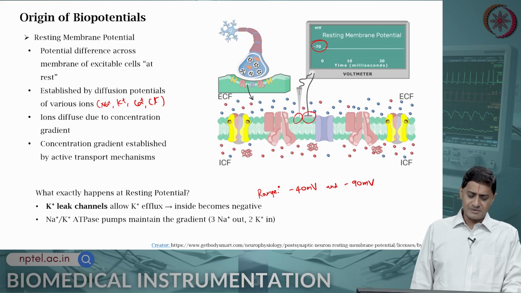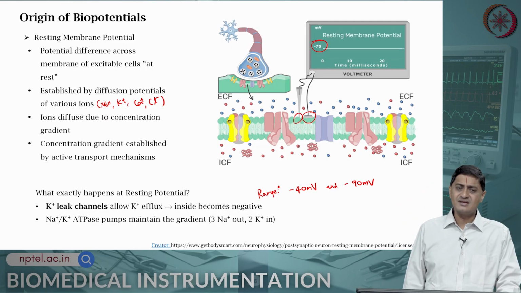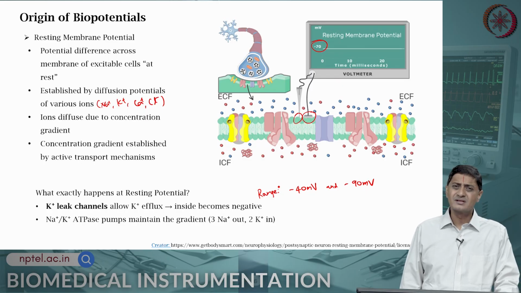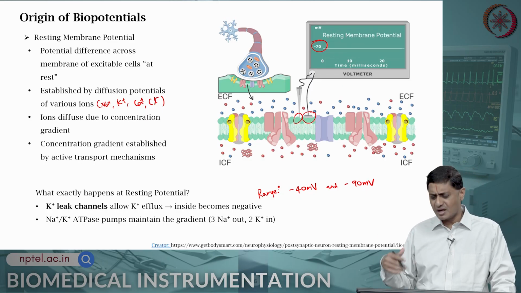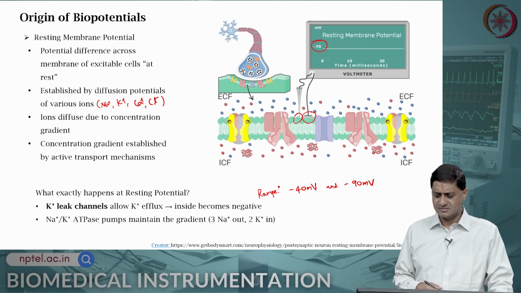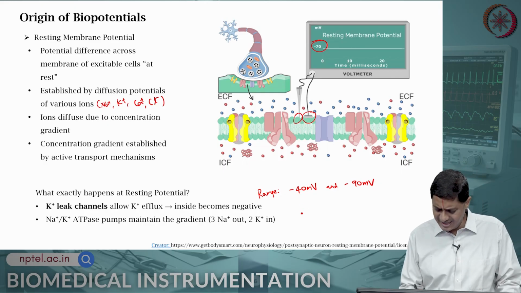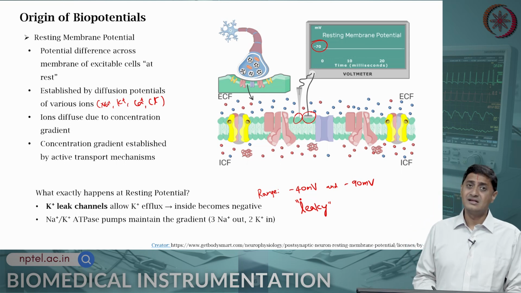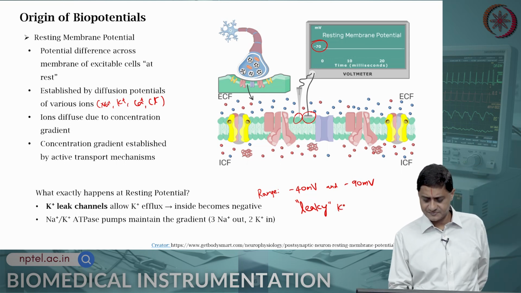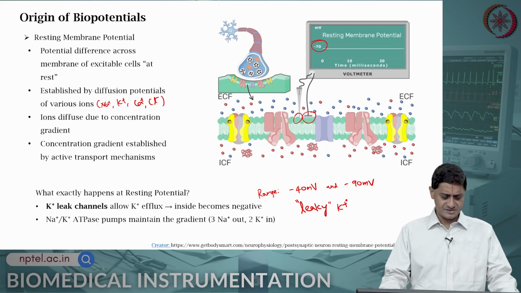At resting membrane potential, there is always some potassium that keeps on leaking. The channels that leak potassium are called leaky potassium channels.